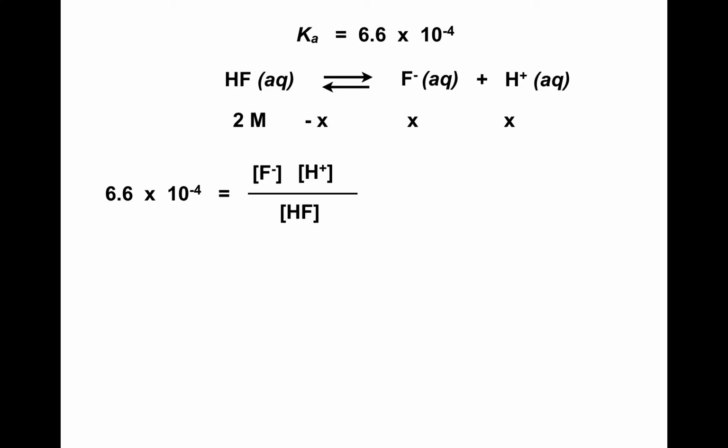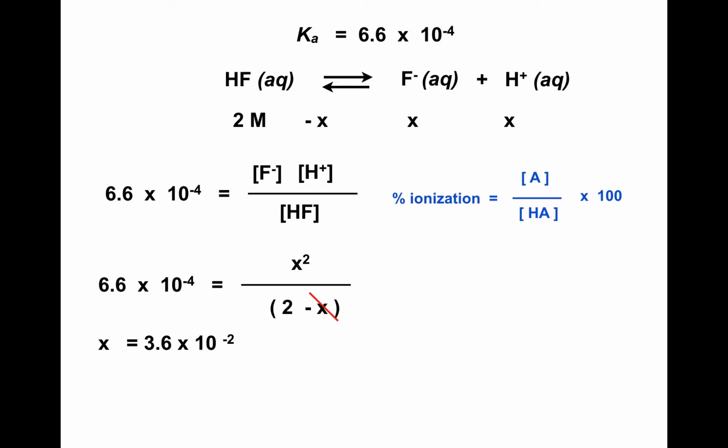So plug these equilibrium concentrations into the Ka expression, recognizing that X is going to be inconsequential to your original concentration. So solve for X. And then we can get percent ionization, right? We take the X, which is the conjugate base concentration, and we divide it by the concentration of the original acid to figure out what its percent ionization was.